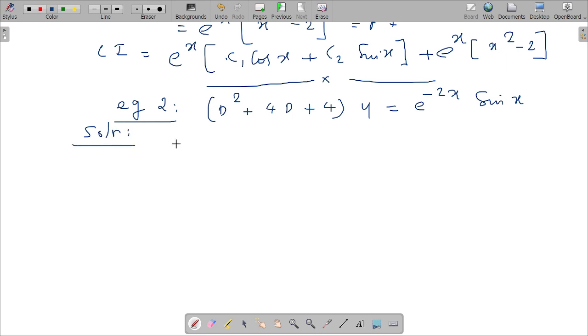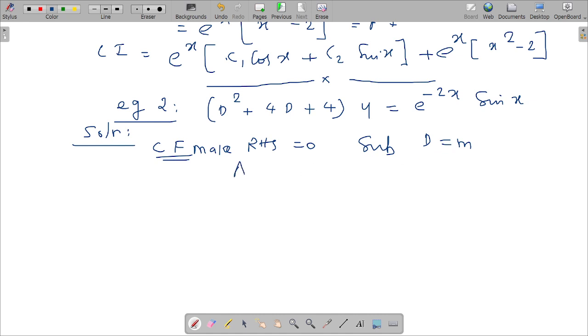Find the complementary function. To find the complementary function, make the right hand side equal to 0 and substitute d equal to m.